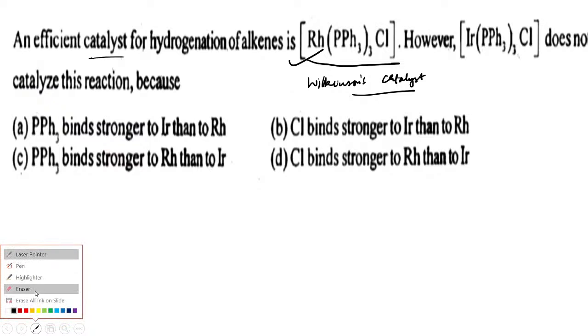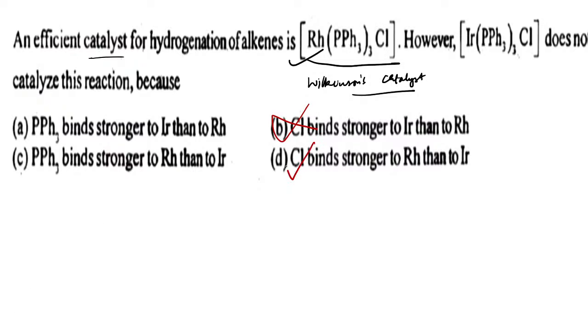I have explained it, right? Yes, it's important, and I have explained ferrocene in this session only. So chlorine is not important, so I can cancel out options B and D. Now, what is more important? PPh3. If it does not catalyze this reaction, it means it binds stronger to iridium.